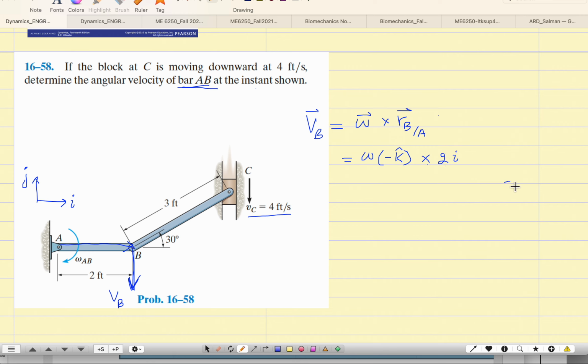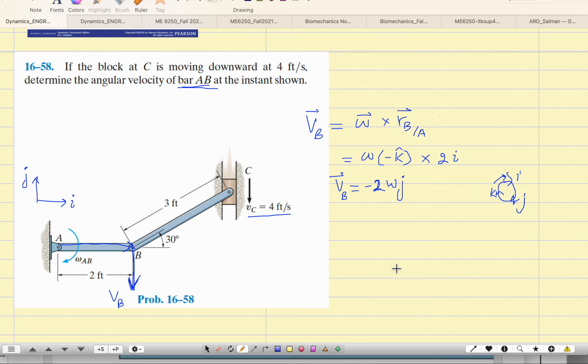Now if you cross k with i, k cross i gives you j, and the negative sign is there. So negative 2 omega j. Do you agree with me? This is the vectorial form.